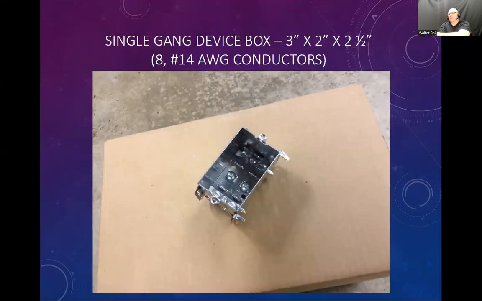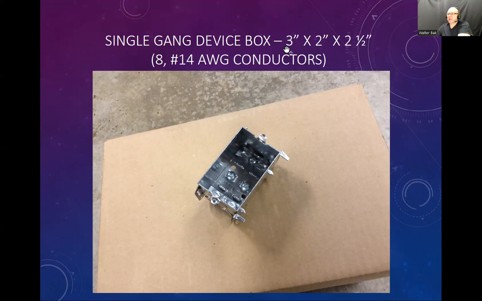Now let's take a look at some of the boxes that we have. Right? As I said, to some of you, some things might be obvious, and some of us, we're still learning. So this is a school, so we're supposed to teach that. Well, okay, so here is the SG, single gang device box. The one that we have used, the utility box that we already have used, it's also a single gang box.